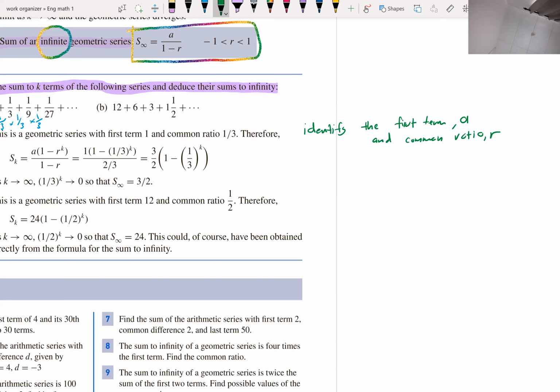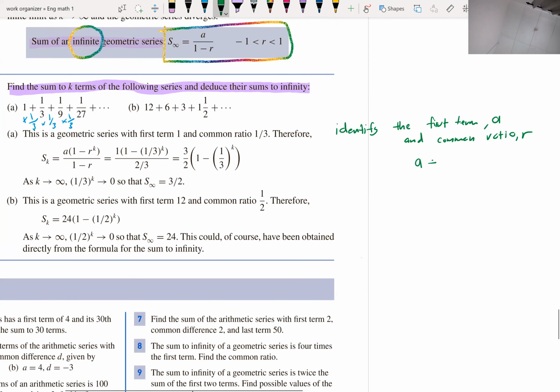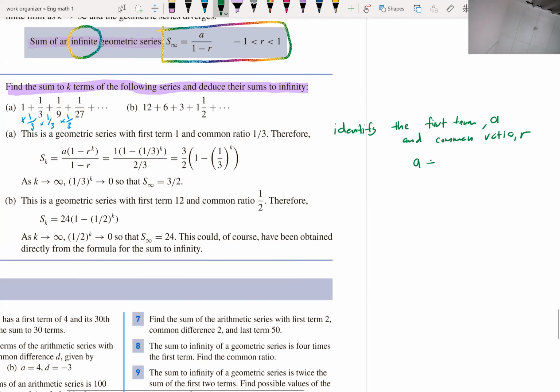So here A is 1, isn't it? My laptop is getting hotter, so it's quite hard to write here.